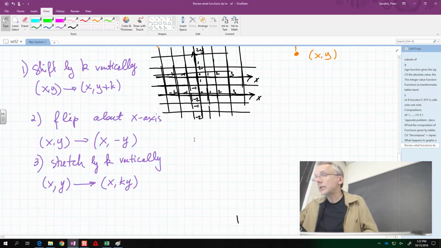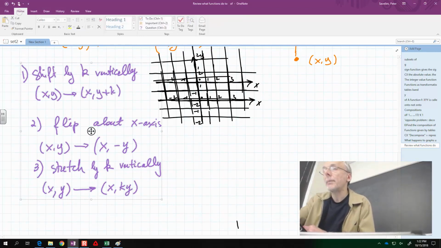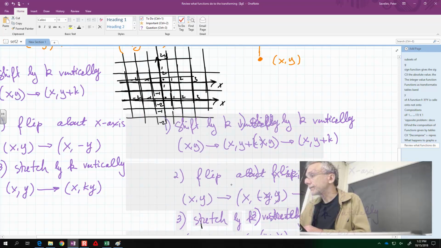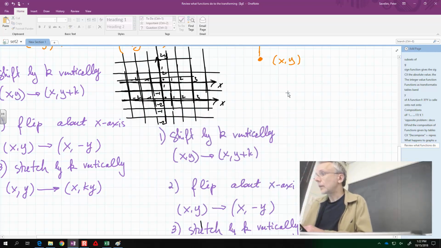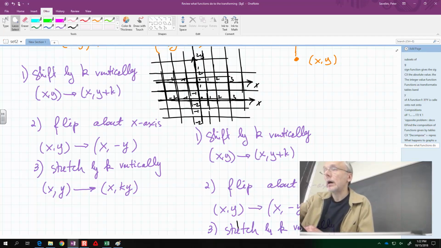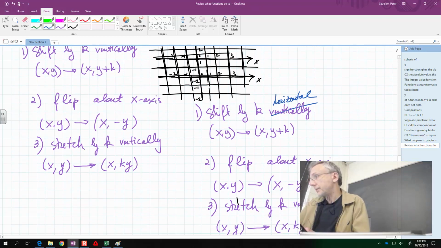Now I don't have to do a lot of work, and just think about what happens under horizontal. It's exactly the same. So I just take it, copy, and just change vertical to horizontal. What difference does it make as far as the algebra is concerned?